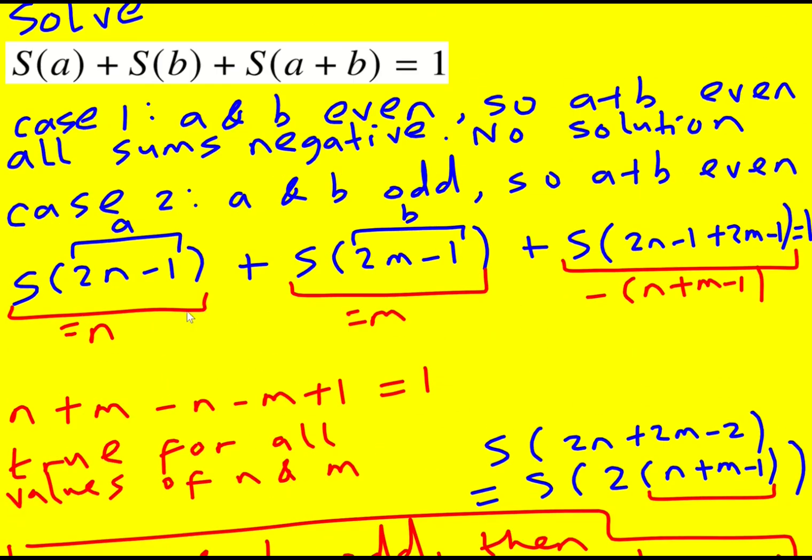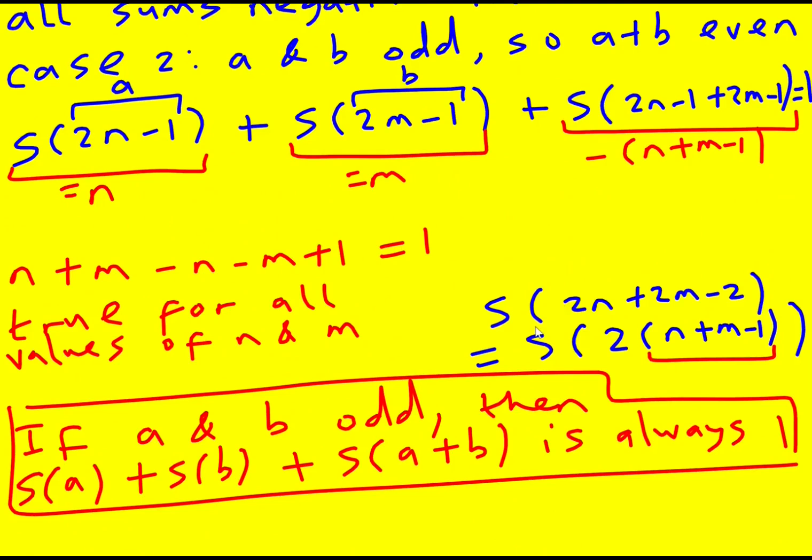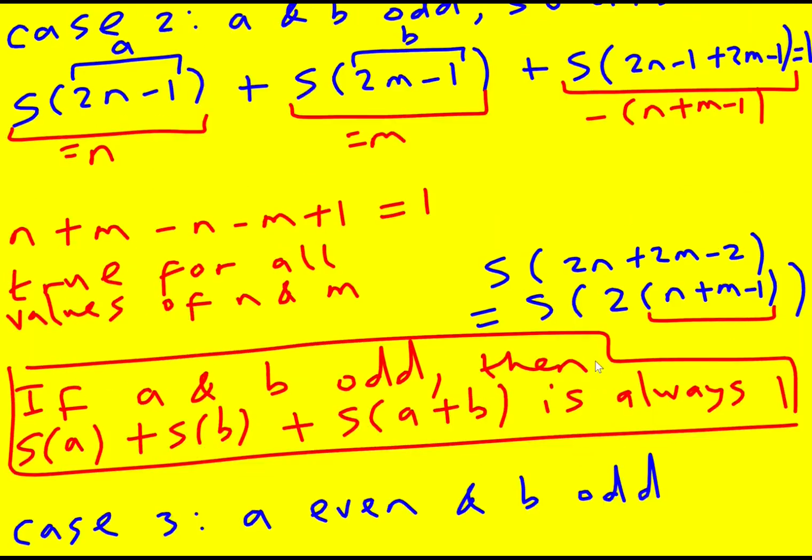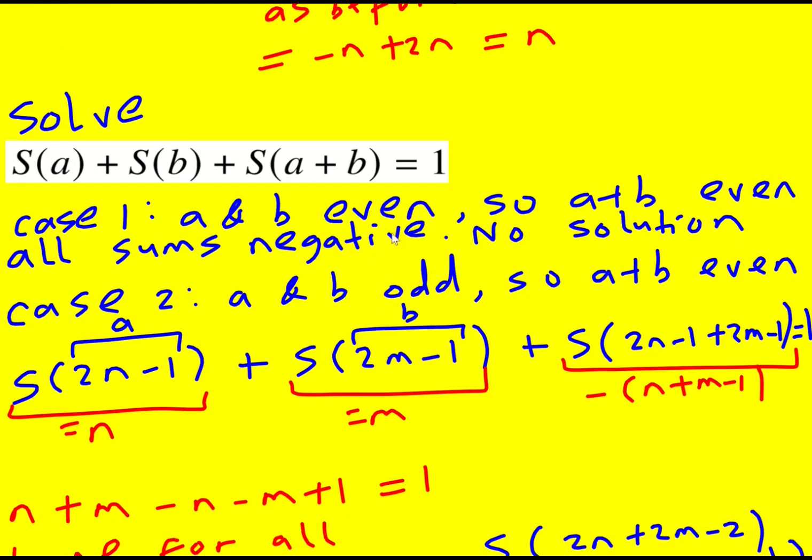Just got one more case. So case 3, sorry. We're going to say A even and B odd. Of course, you could have it the other way round, but because of the symmetry of this problem, once we get a solution for A, we'll also get a solution for B. If this was odd and this is even, then we can just swap them round afterwards.